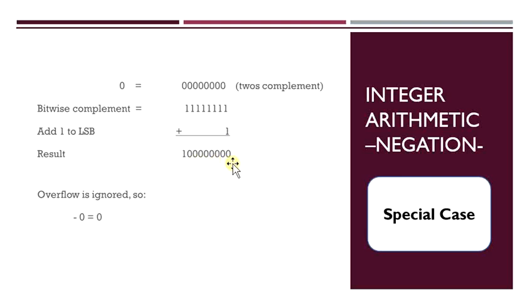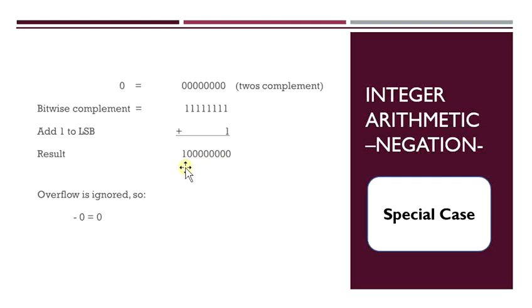But in this case, the meaning of the negation is that we want to change from positive numbers to negative numbers. For the number 0, we only cater for 8 bits, but the result produced here is 9 bits.